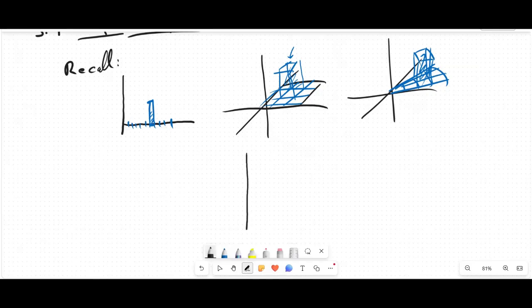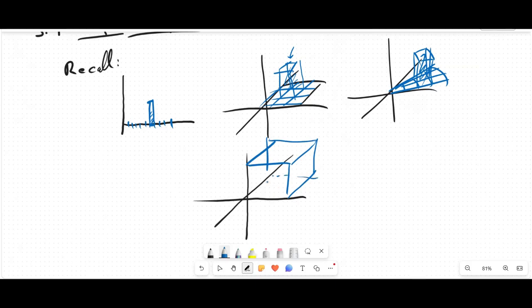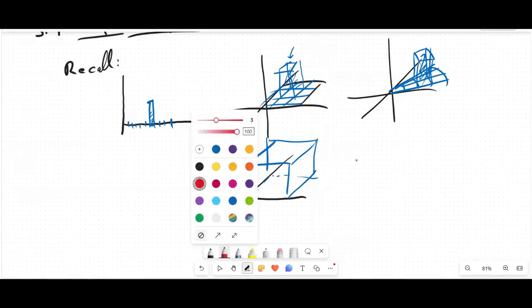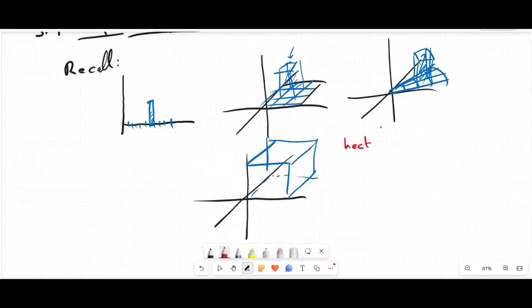So first things first, we integrate over a three-dimensional region, like a cube, for instance. Now, because we only visualize in three dimensions as humans, we've run out of dimensions to visualize a fourth dimension for the function. Two popular alternatives are, I'll just write these two words, heat or density.